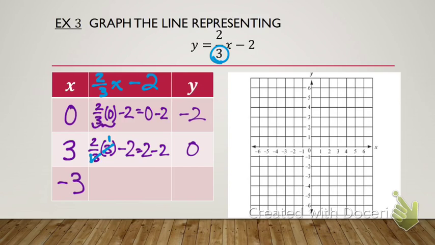Subtract 2, we're now at 0. If I take 2/3 times negative 3, the 3 still can't cross-reduce, but now you have 2 times a negative 1, giving us negative 2 minus 2. So we're at negative 4.